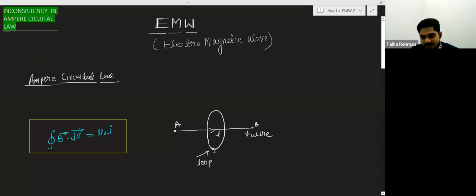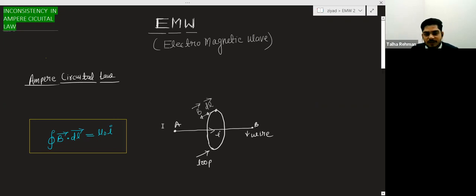So if you take a circular loop around this wire and calculate the line integral of magnetic field, we have already discussed these things.